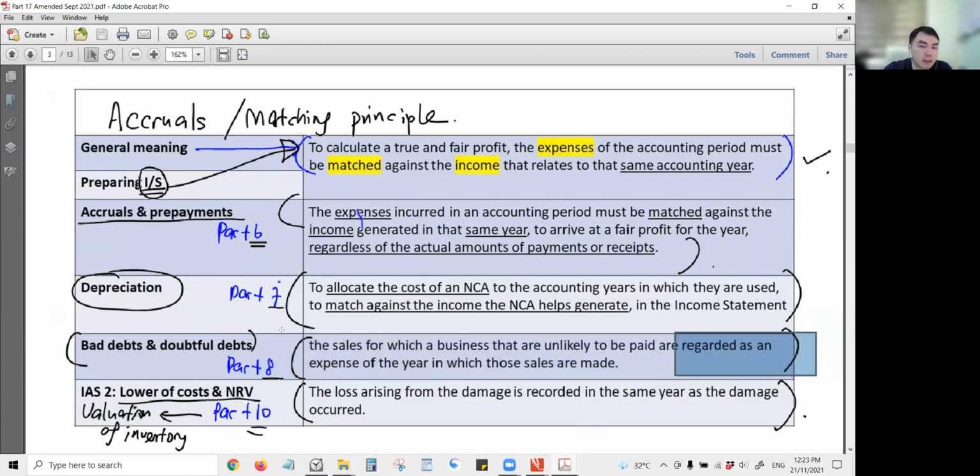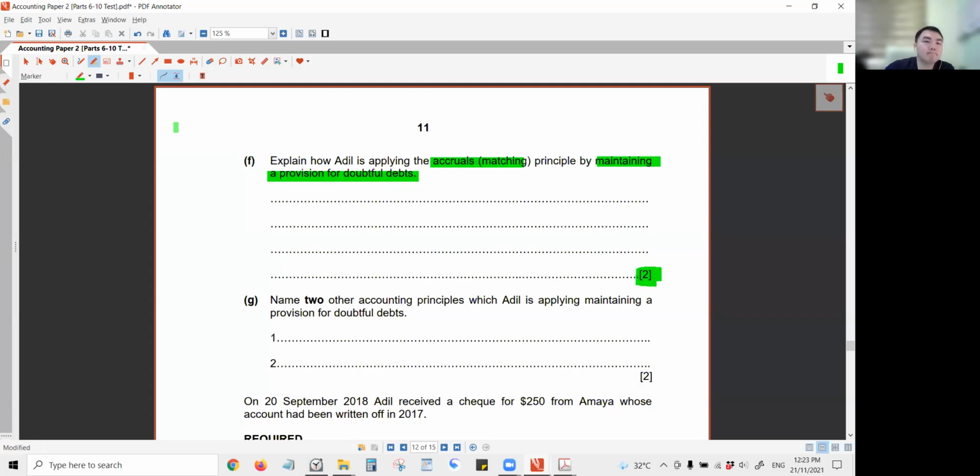The answers are always the same. The answers are always standardized. Okay, so make sure you remember this line. If they ask you what is meant by accrual principle in the context of bad debt or doubtful debt, it's the same answer always. Okay, nothing to explain here. You just have to remember, okay, to get the 2 marks.